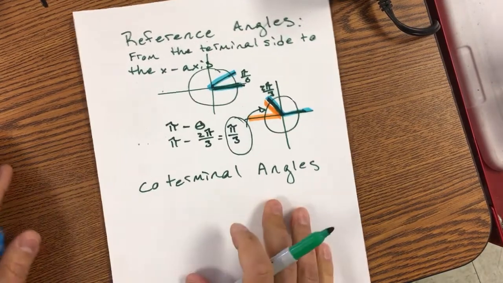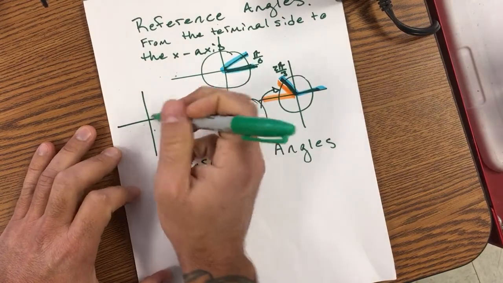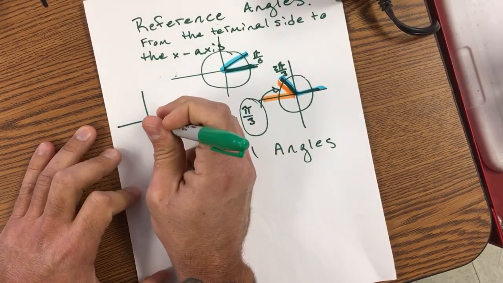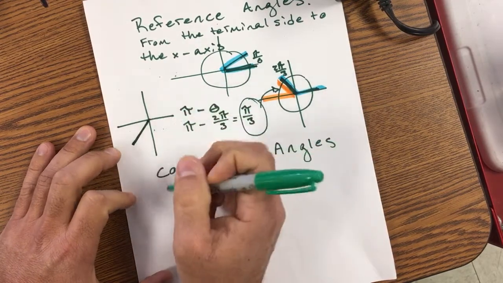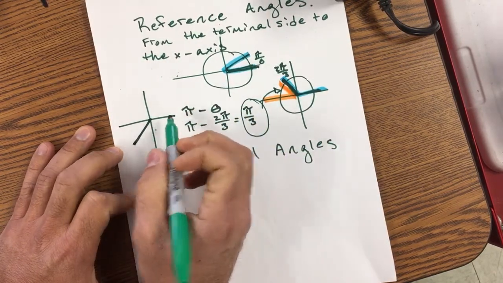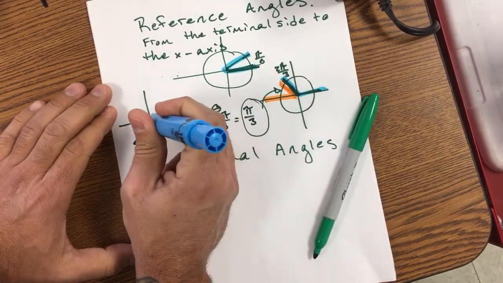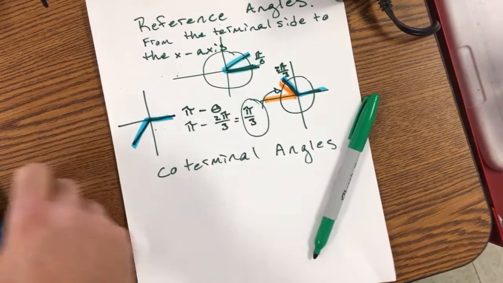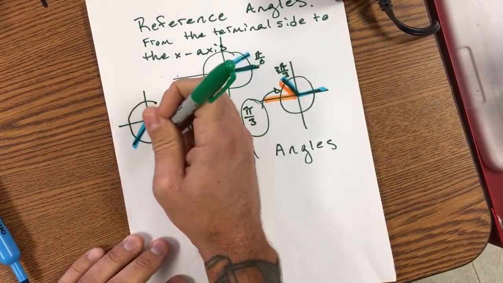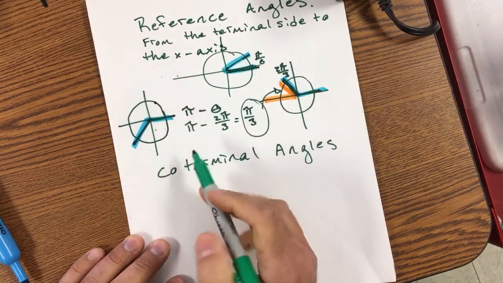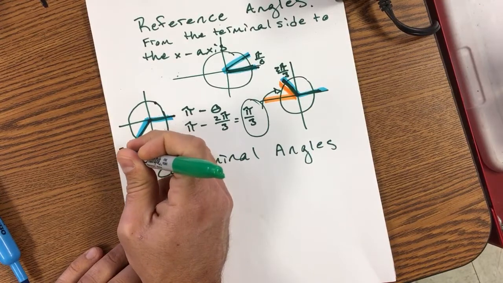Now if I'm in quadrant 3, I'm down here. My angle is this piece. Oh, I didn't draw my circle. So I'm gonna make this 5 pi over 4.